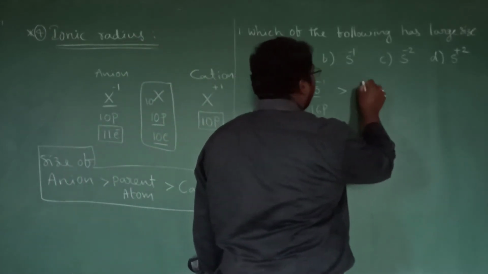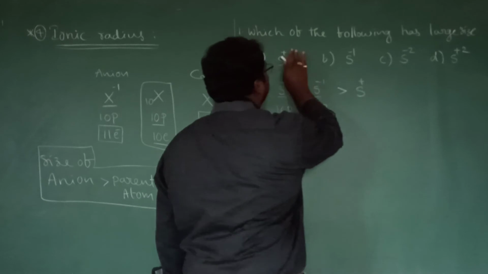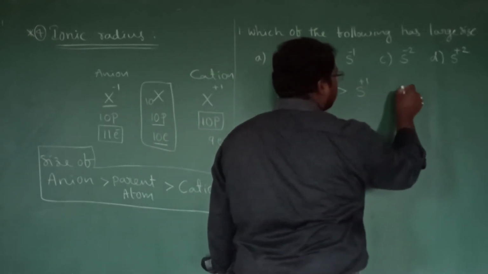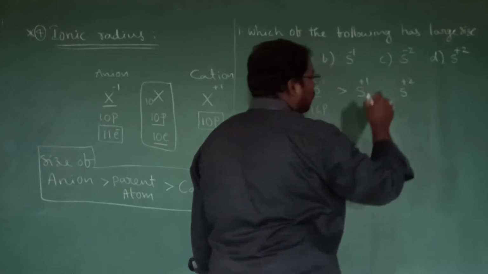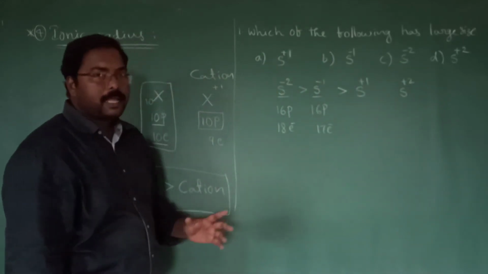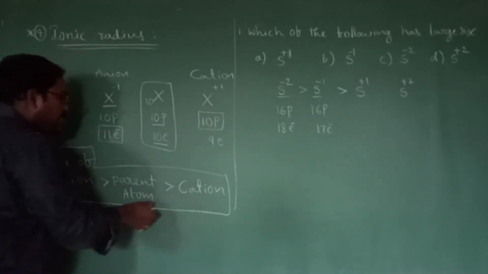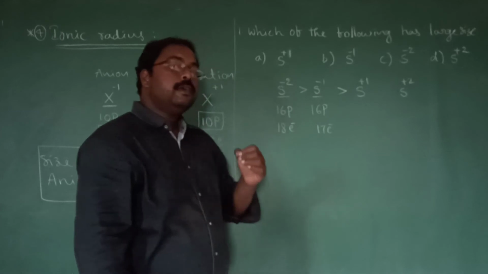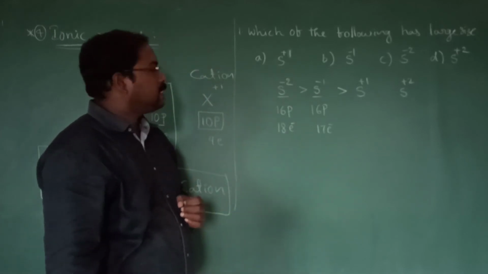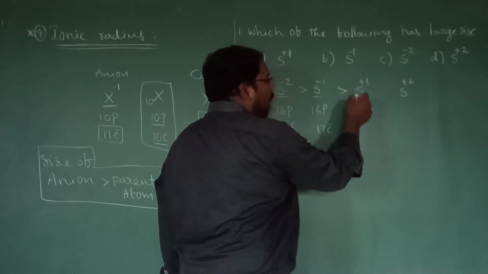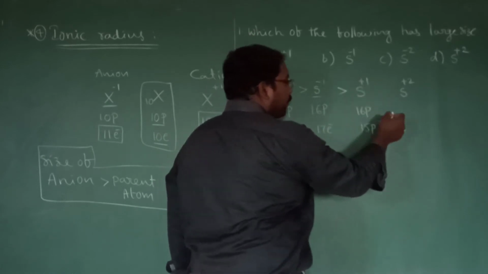Now, out of these two, for plus 1 and plus 2, both are cations. We know a cation has a small size compared to an anion, but out of the two cations, which has the small size? Check it. It has 16 protons, but lost 1 electron.